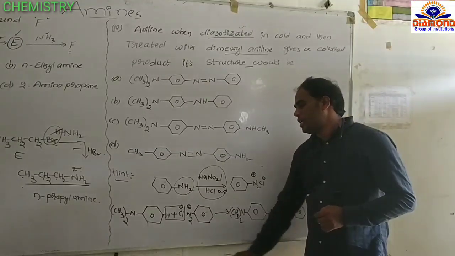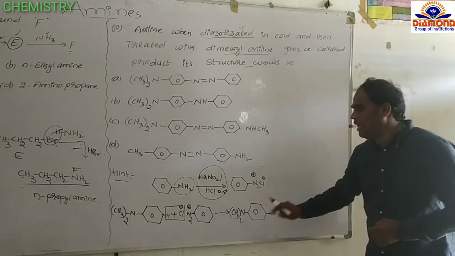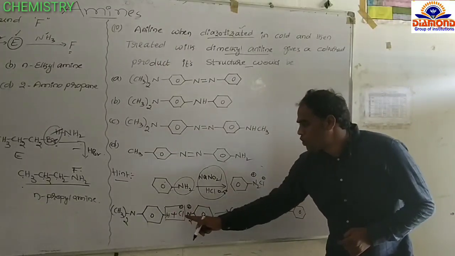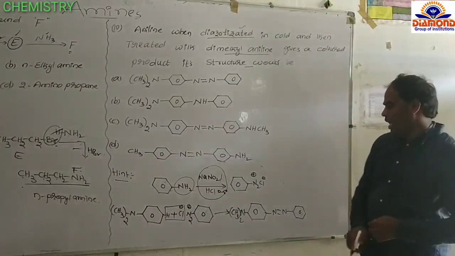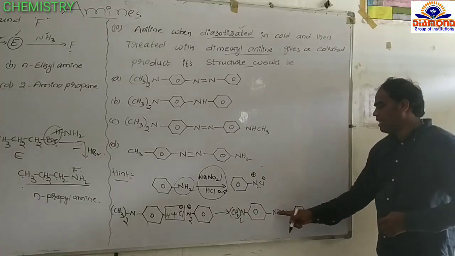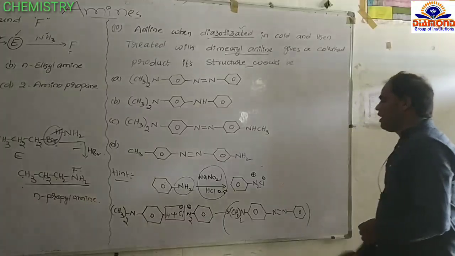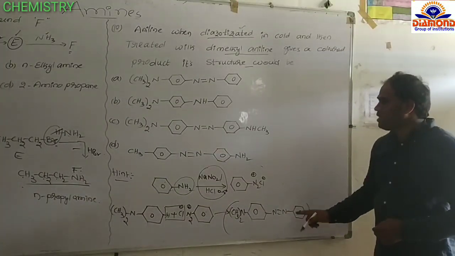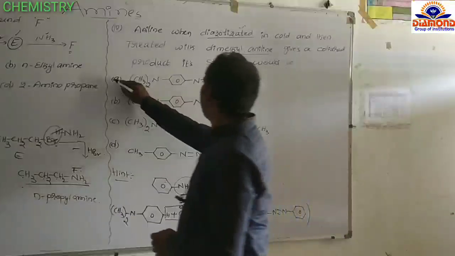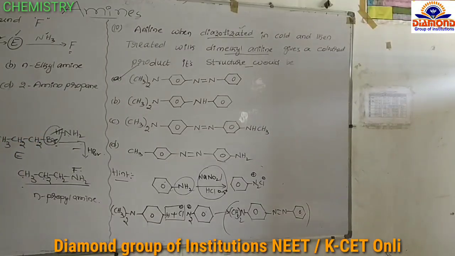It forms dimethyl aniline with an N2 group at the para position. These two benzene rings are connected through N2. So this is the colored product, dimethylaminoazobenzene: two nitrogens and benzene rings. So it is the product in this reaction. Therefore option A is the correct answer for this 10th question.